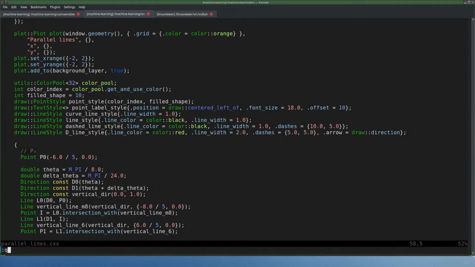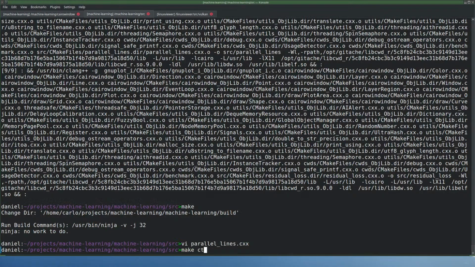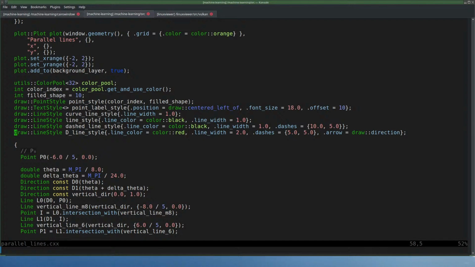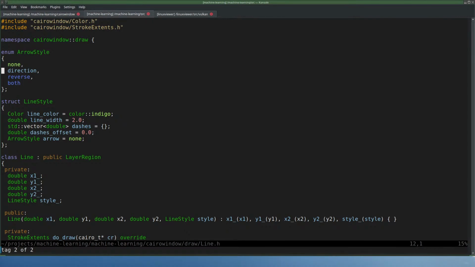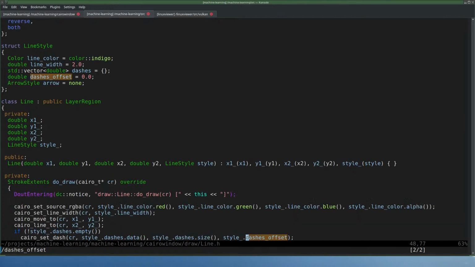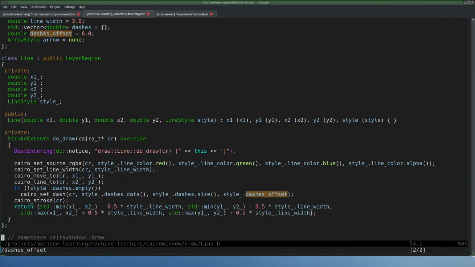Okay, then direction. It's a completely other direction, but okay, now we are here. Now implement the arrow stuff. So you have dashes offset. Arrow.